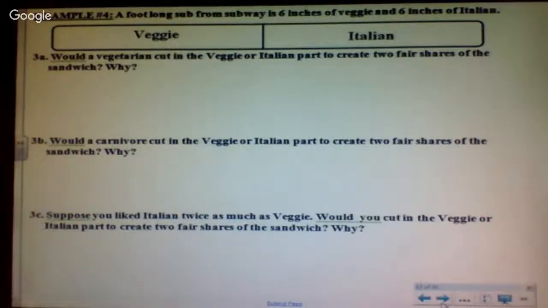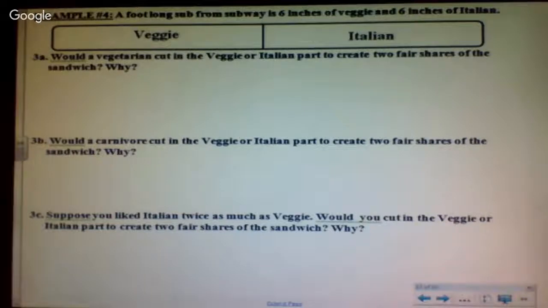So you're going to want to cut into the veggie part of it. That way, no matter which piece you get, you get a chunk of the veggie. Because if I cut it here, and I'm a vegetarian, and Alexis takes this piece, am I going to eat that piece? No. So you're going to want to take from the veggie part.